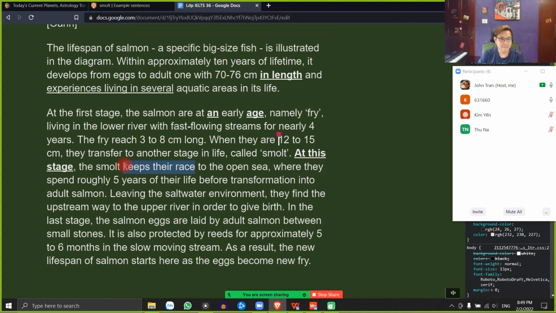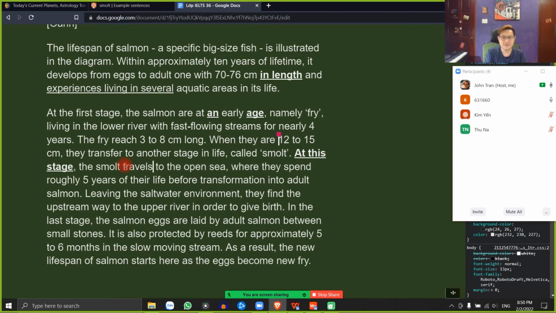I just don't understand it. You mean they gather? They mean they travel to open sea? Let's just do it slow, simple, okay? The smolt travels to the open sea.